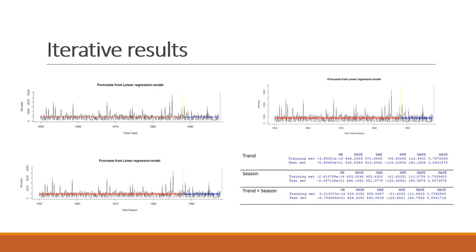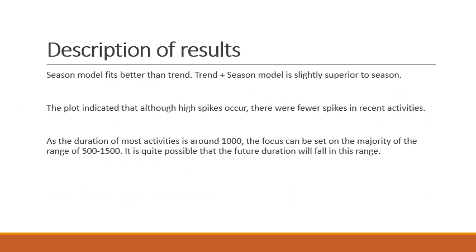This might show that the time spent on this step has decreased to some extent recently. The majority of the data in both the training set and validation set is around 1000. So it is quite possible that in the future, most of the activities will spend time around 1000 minutes.